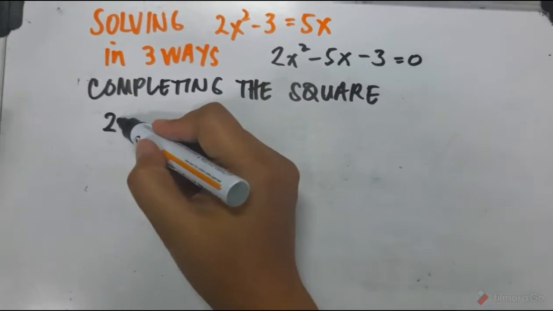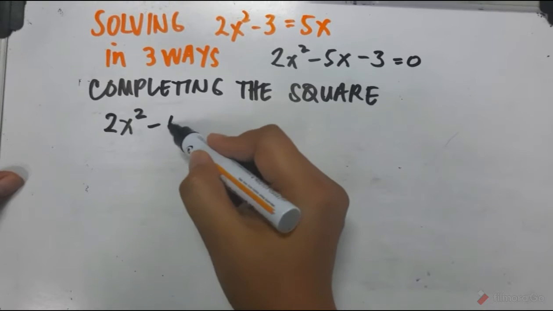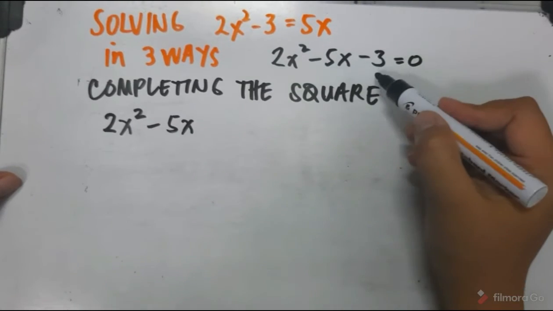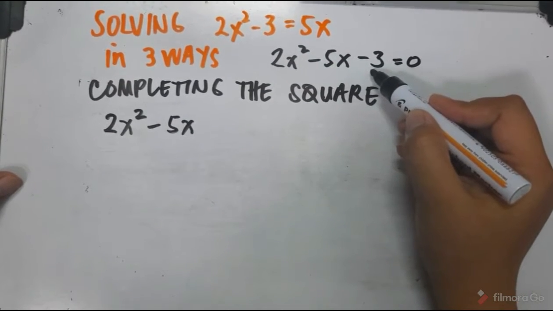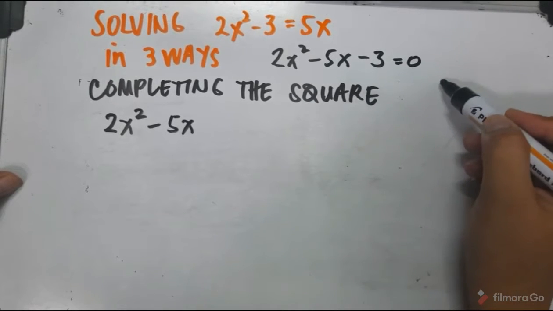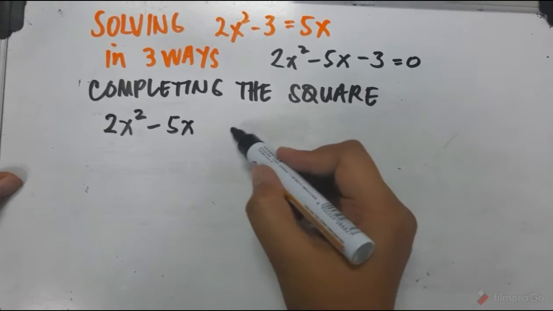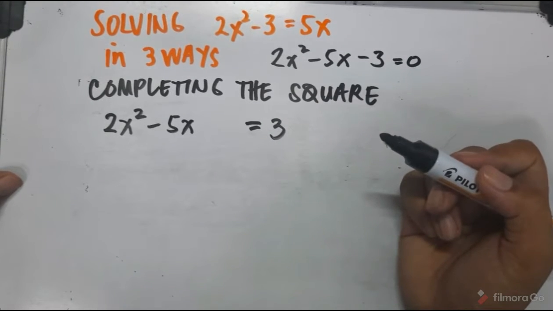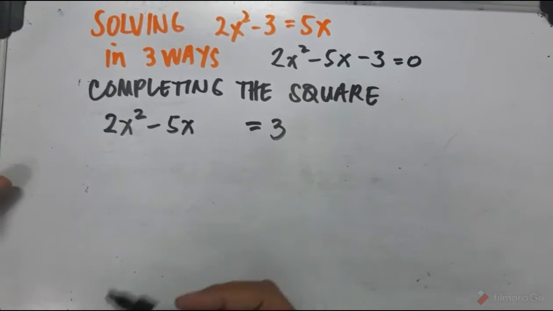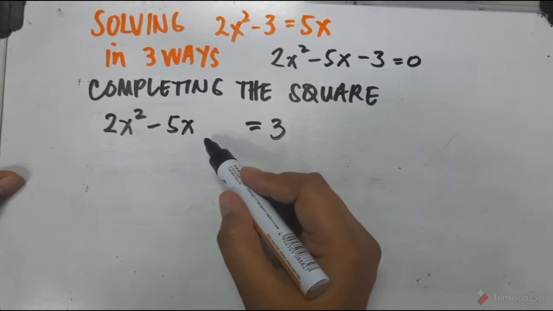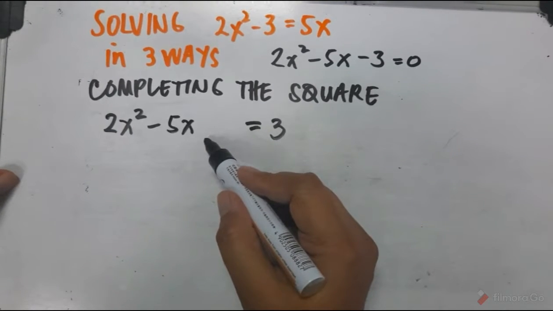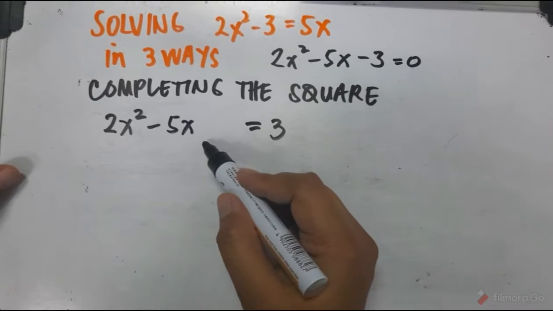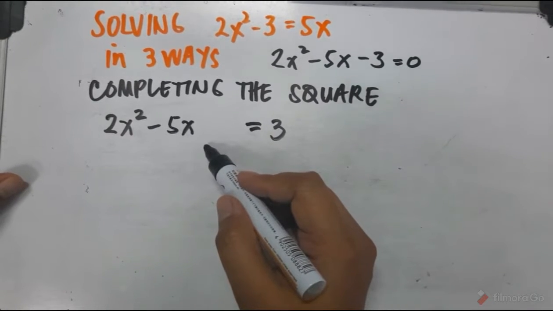So we have 2x squared minus 5x, and then we add 3 on both sides to make it equal to 3. And then we complete the left hand side of the equation by making it a perfect square trinomial.